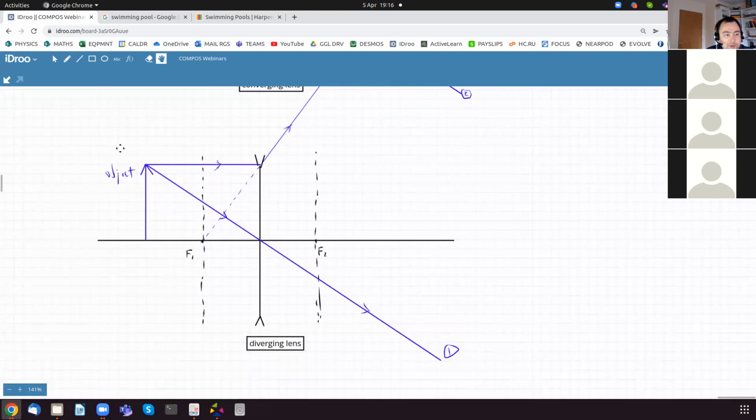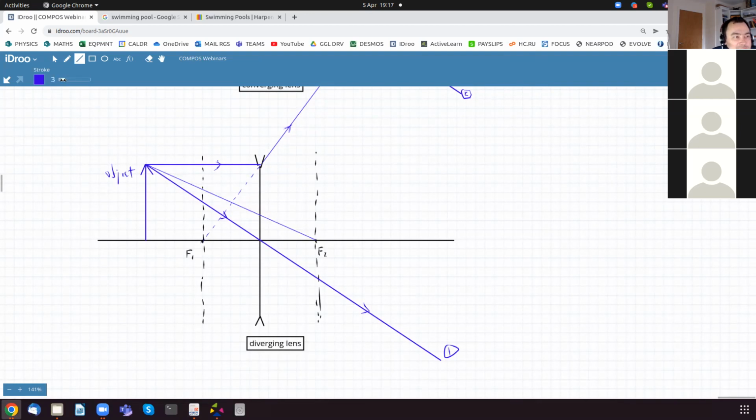Oh yes, the third ray looks as if it's coming towards the second focal point and then comes out parallel.